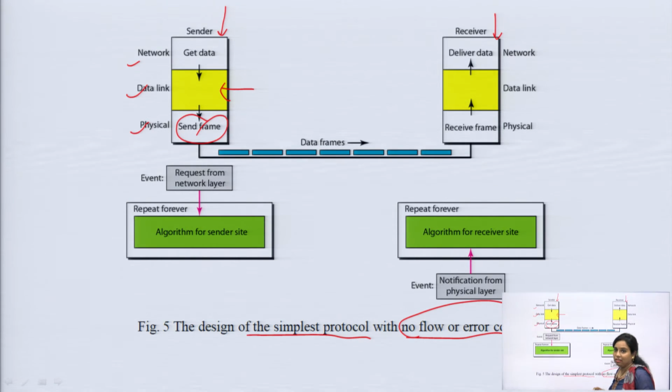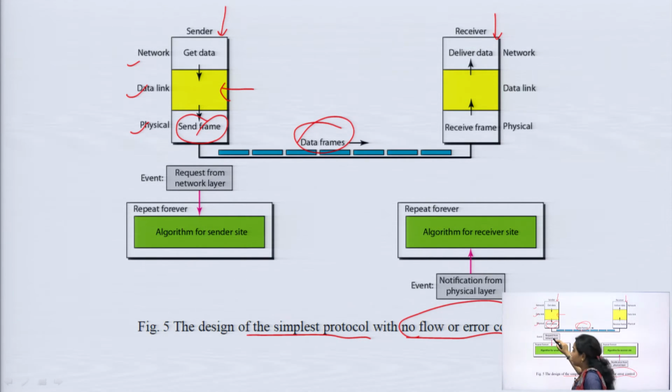Now, these data frames will be transmitted from the sender side to the receiver side. Then an event occurs, as you can see in this diagram: a request from the network layer, with the repeat forever algorithm for the sender side.